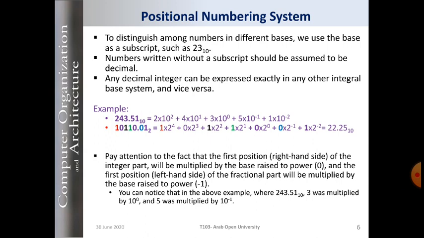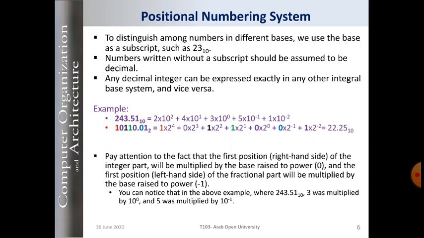The integer part is 243. Starting from the 3, which is the unit digit, it's 3 times 10 to the power 0. 4 is the tens digit, so 4 times 10 to the power 1. We have 2, we multiply 2 by 10 to the power 2, which is the hundreds digit. Now to the right side of the decimal point, the fractional part, we have the 5.